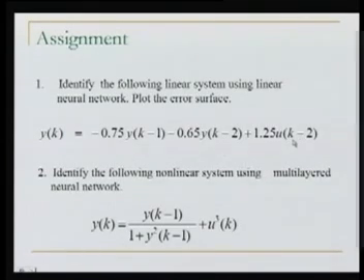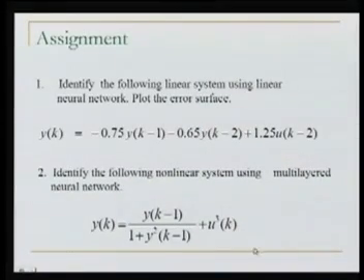Use the training data generated using this model where U is a random number uniformly generated between 0 to 1, and use this input data to train the linear neural network, and you should finally get the answer. W1 should be minus 0.75, W2 should be minus 0.65 and W3 should be 1.25. This answer you should get.